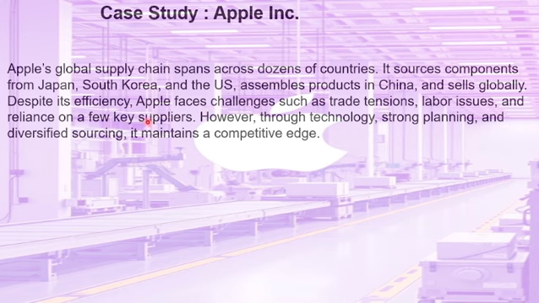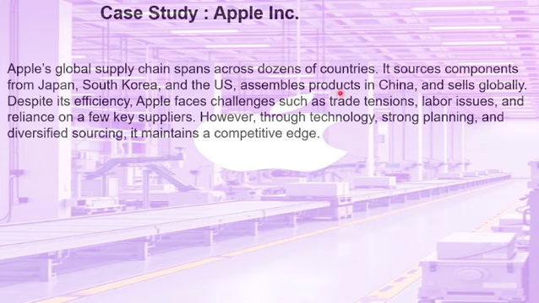Despite its efficiency, Apple faces challenges such as trade tension, labor issues, and reliance on a few key suppliers. However, through technology, strong planning, and diversified sourcing, it maintains a competitive edge. This is a short summary of how Apple is working.